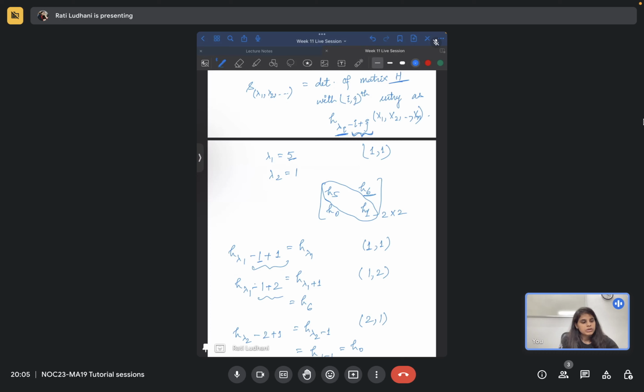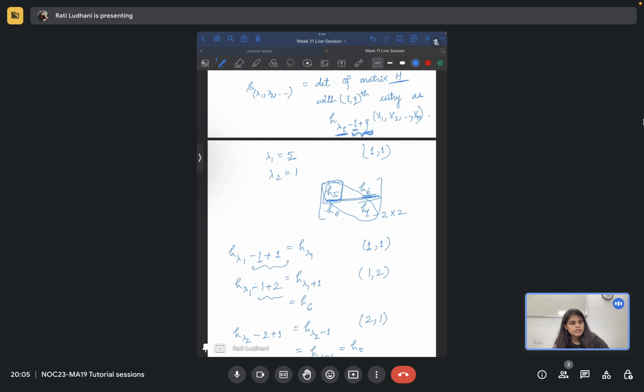Now on the right side, if you consider for example this, you just increase it. With h5 you increase by 1, because i is fixed and j is increasing. When you move along the columns, first column, second column, third column, the row is fixed, so you are just adding plus 1.